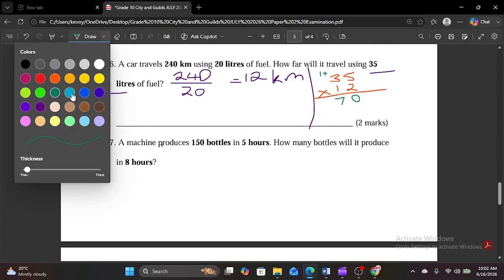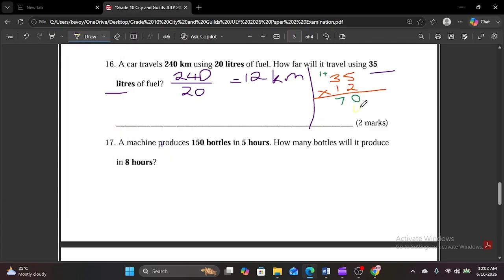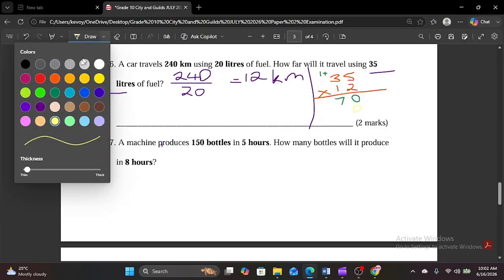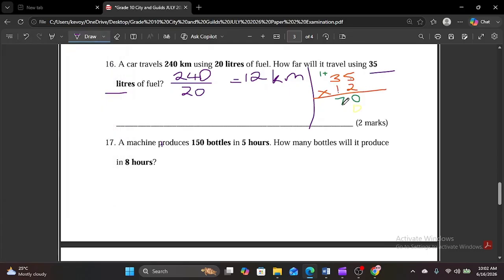Remember to put your placeholder before you multiply by 1. So always put your placeholder 0. All right. And then we will continue by just multiplying by 1. So that's going to be 1 times 5 is 5. 1 times 3, that's going to be 3.